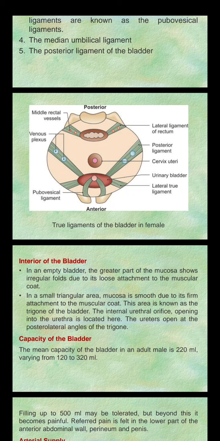The bladder is composed of the detrusor muscle and then there is the mucosa. This mucosa is very loosely attached to the muscular coat. That's why there are some irregular folds in this area.